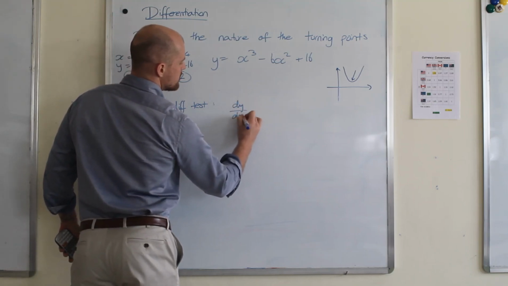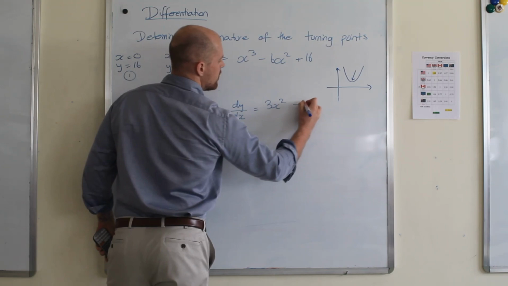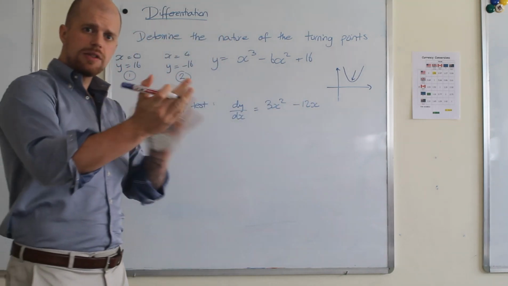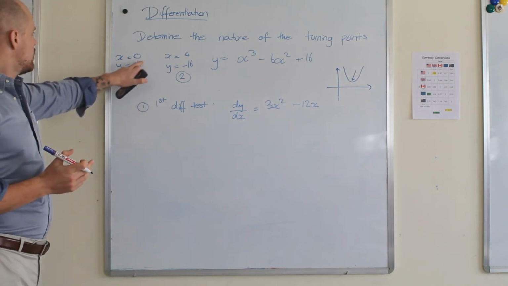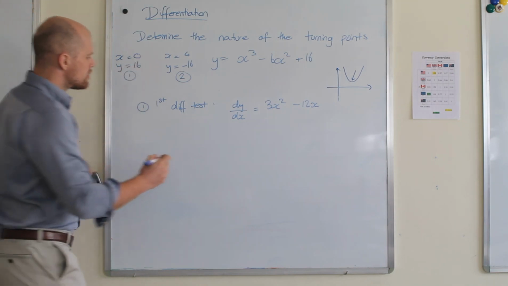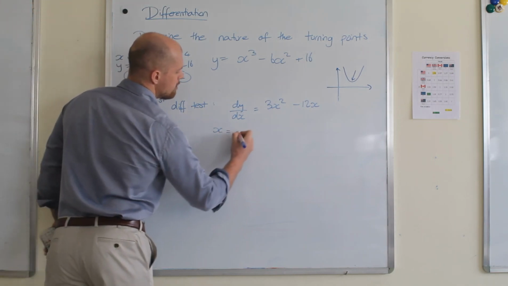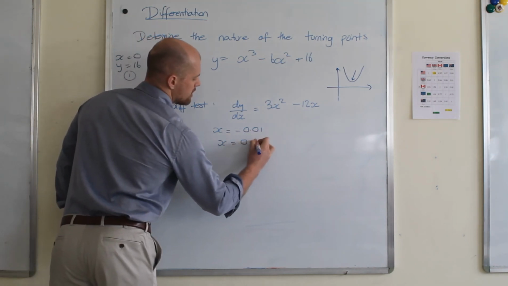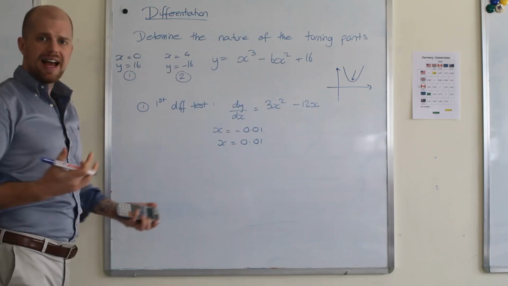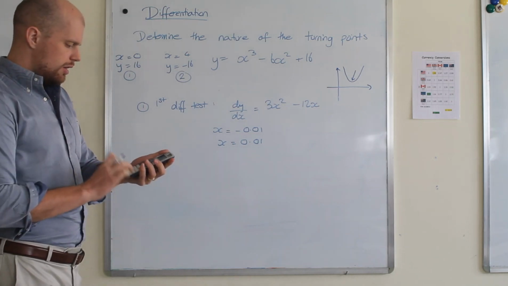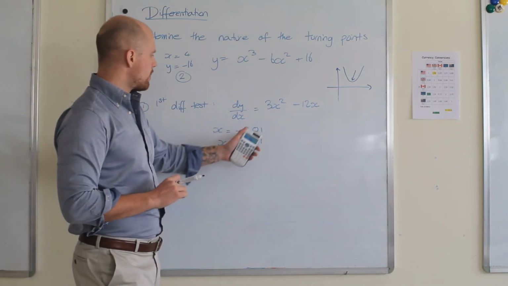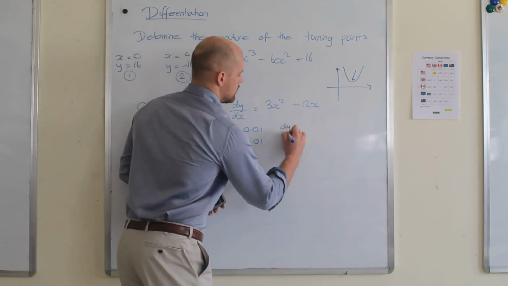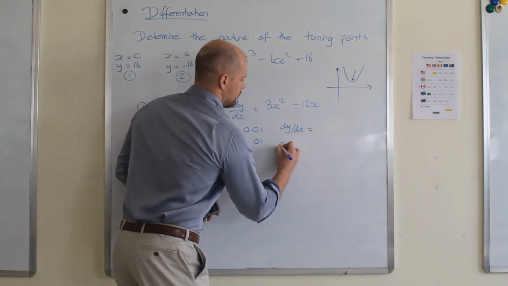What I need to do is I need to know dy by dx, which we just said was 3x squared minus 12x. What I'm going to do is go a little bit either side of the turning point. The turning point was x equals 0, so I'm going to calculate x equals minus 0.01 and x equals 0.01. I'm going to substitute each into dy by dx in the calculator.